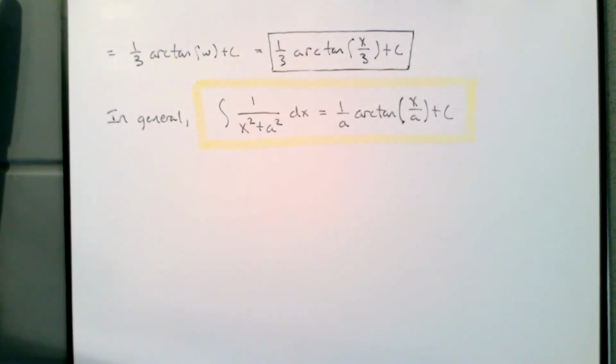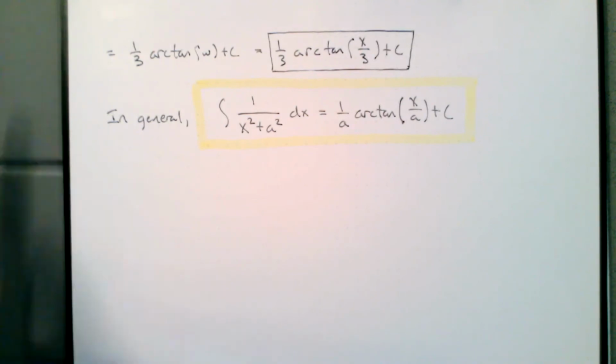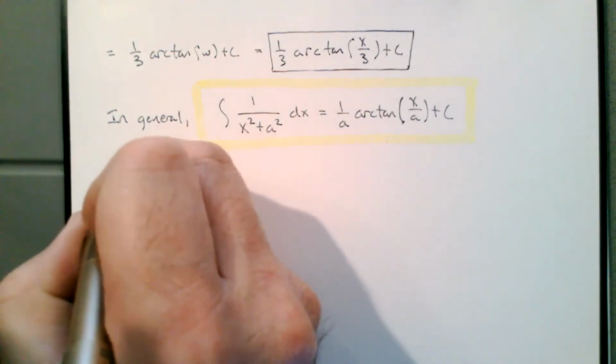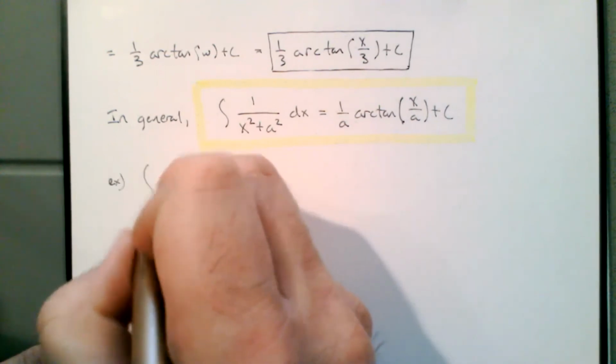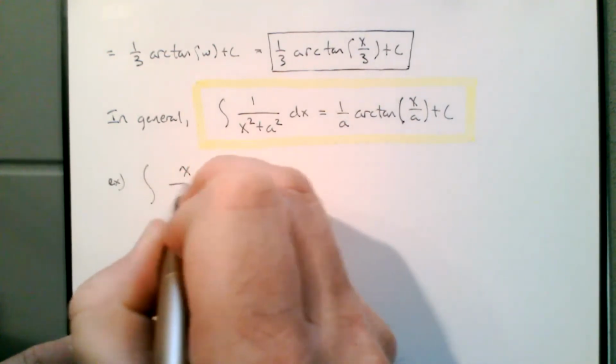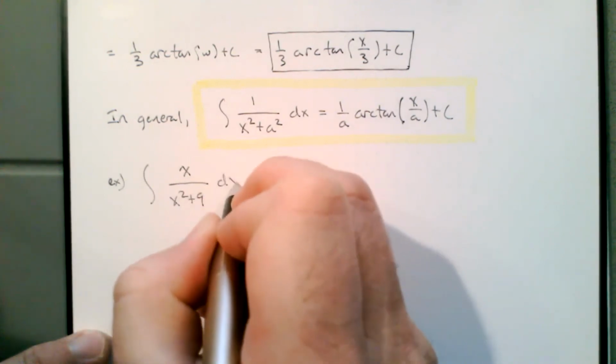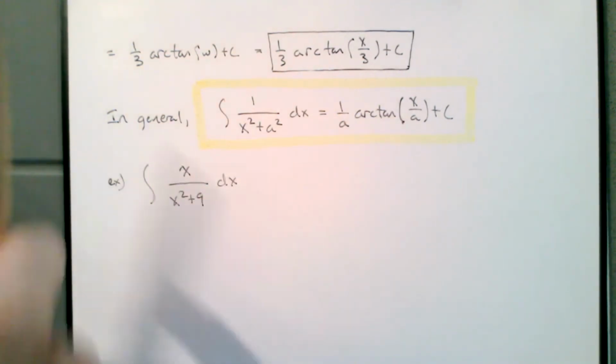Now, this is the only one where that really matters. So notice that if the numerator is x, then it's just a substitution problem, and it's not going to matter what the a squared is. So notice that if I have, let's say, x over x squared plus 9, now we don't care.